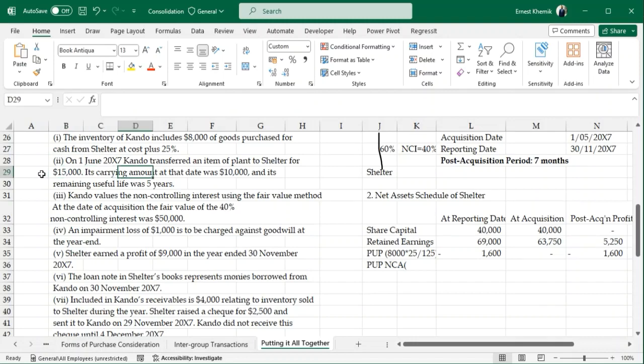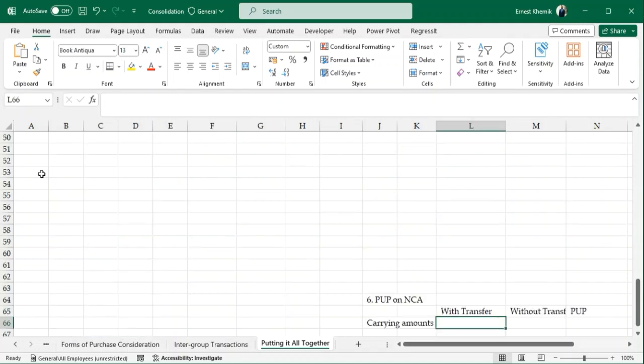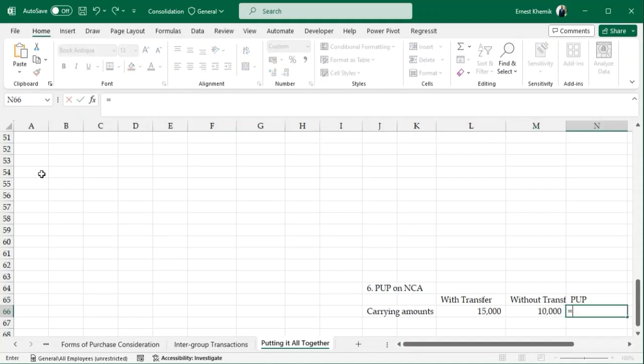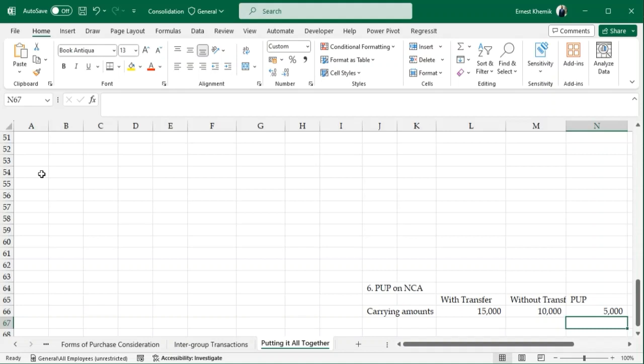But when it did not happen, the carrying amount was 10,000, which means there is a profit element of 5,000. That is what we are talking about. So we come back here with the transfer amount. It was transferred at 15,000, when the carrying amount without the transfer is 10,000, right? So our provision for unrealized profits is the difference between with the transfer amount and without the transfer amount, 5,000. I hope you get it. So that is what we have.